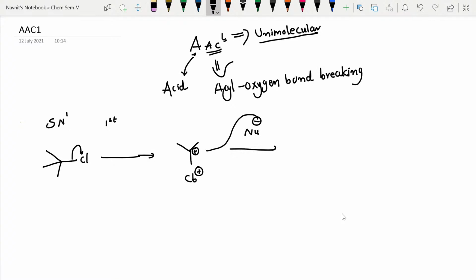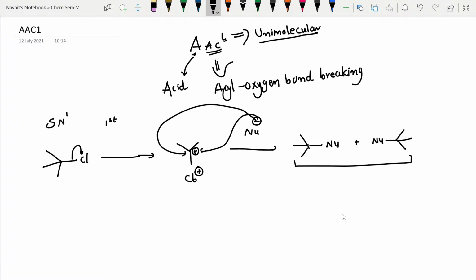It attacks from the back side as well as from the front side. So here we get two different products. And in the case of SN1, what do we get? A racemic mixture.